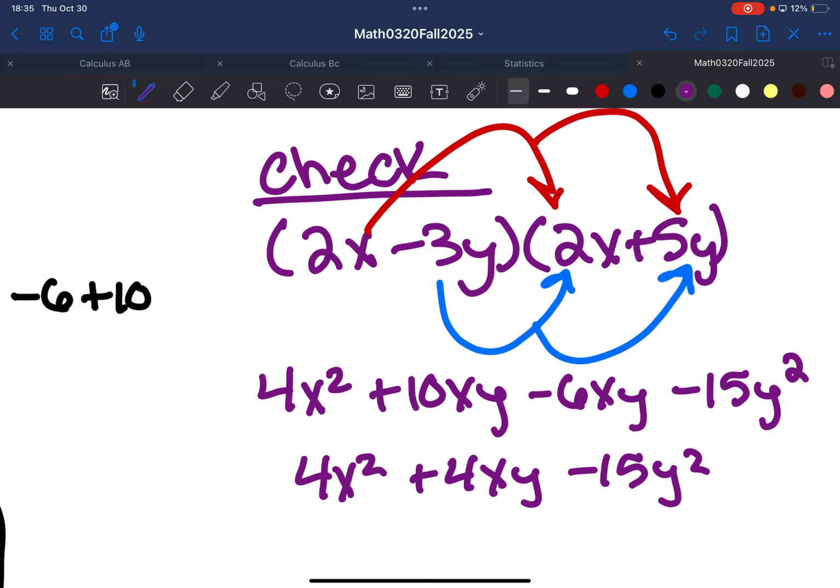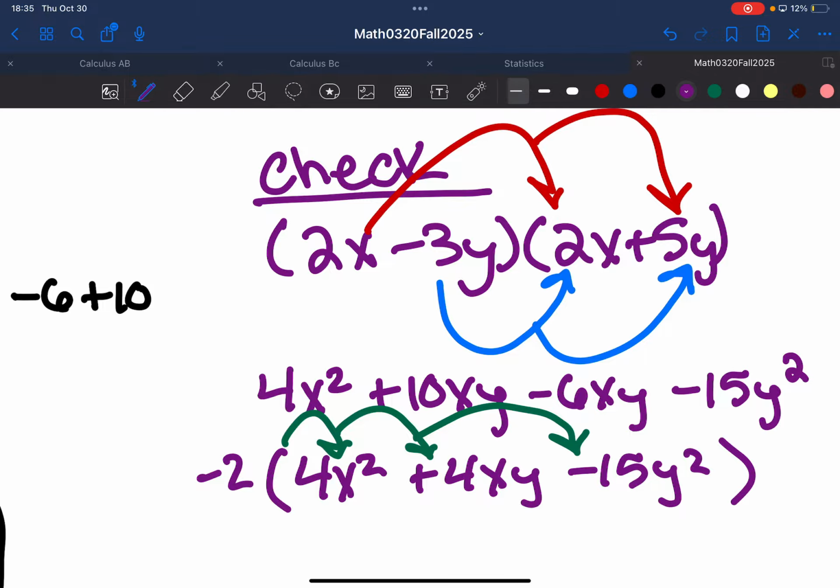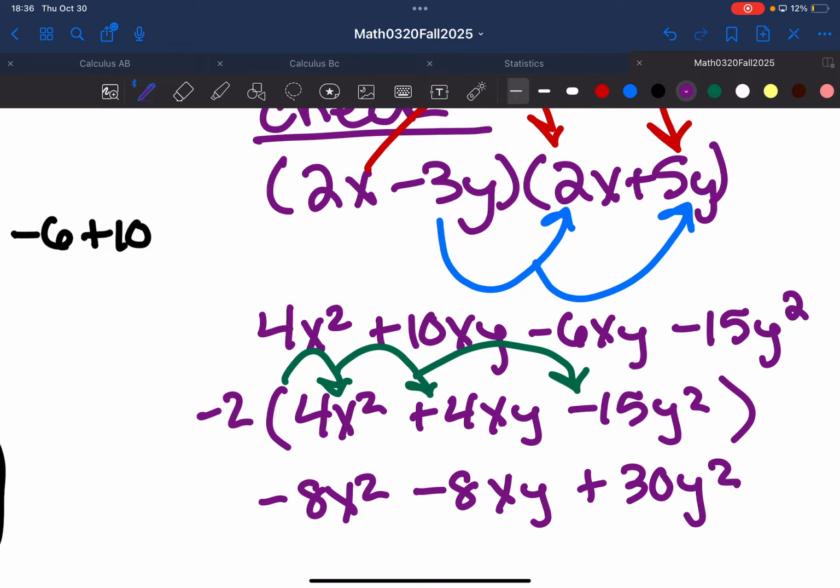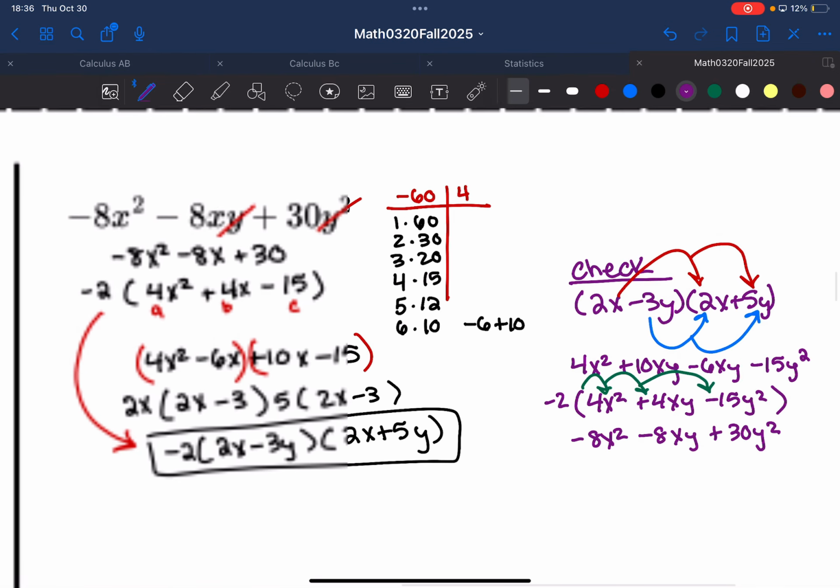And then remember our GCF in the beginning. What was that GCF? Negative 2. So I'm going to multiply negative 2 in by distributing. And I get negative 8x squared, negative 8xy, and plus 30y squared, which should be our exact problem in the beginning, which it is.